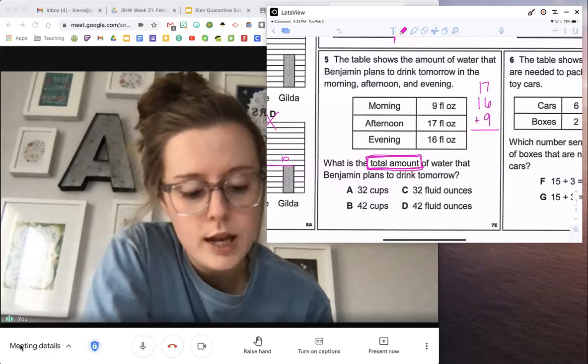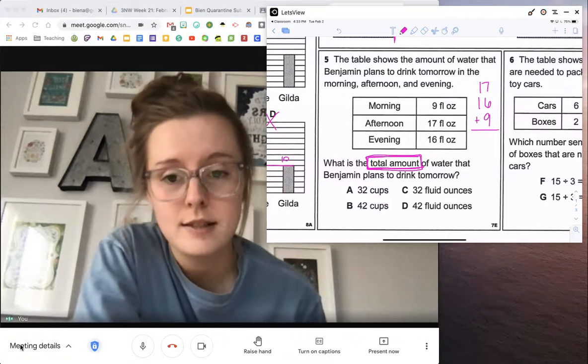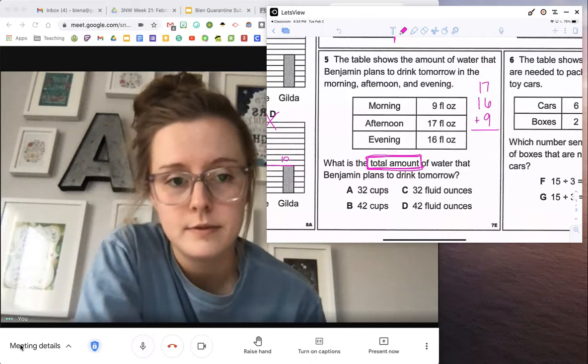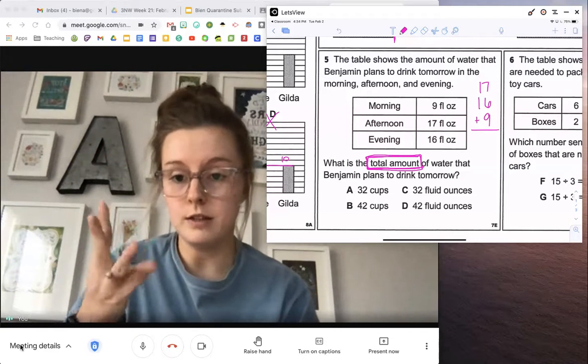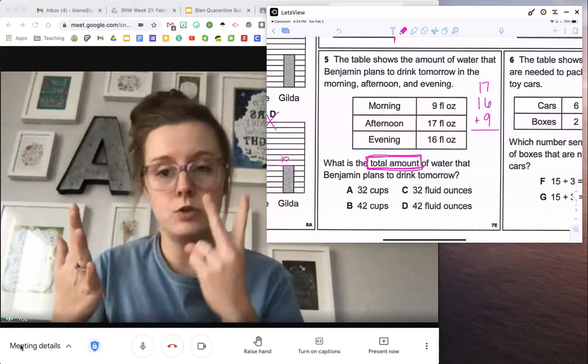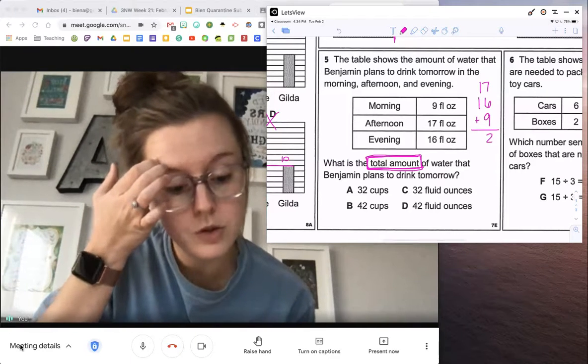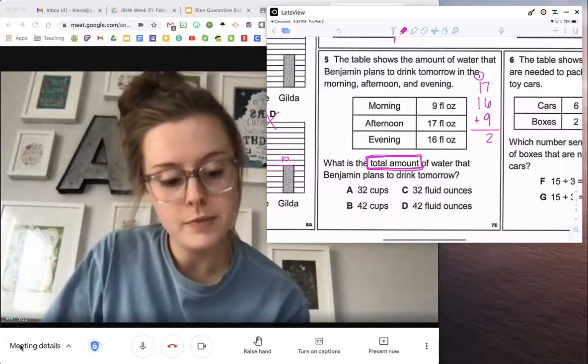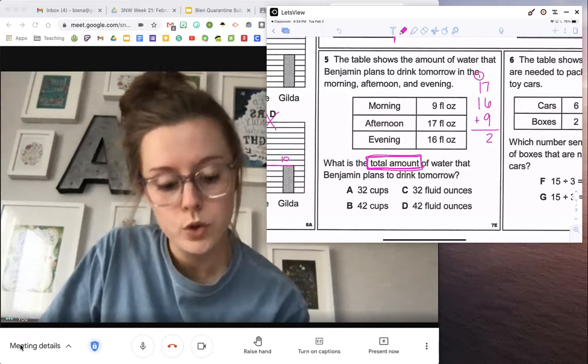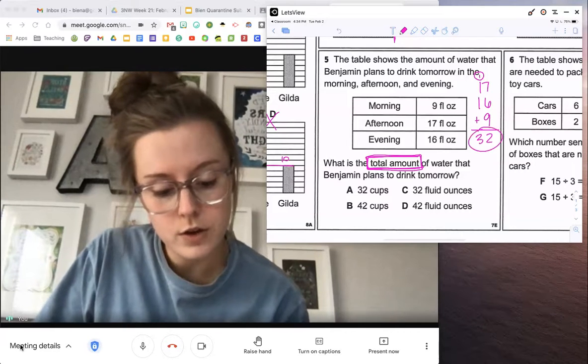So what is 7 plus 6? 13. Okay, so what's 13 plus 9? 14, 15, 16, 17, 18, 19, 20, 21, 22. 22. So I'm going to put my 2 and bring up my 1, and then I have 1, 2, 3. 32.